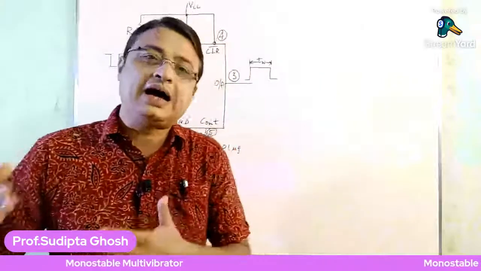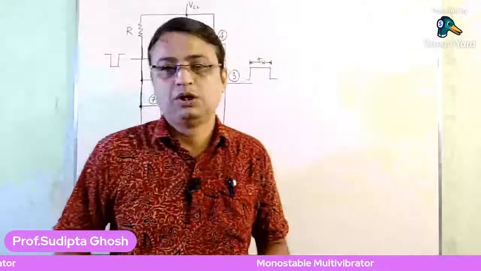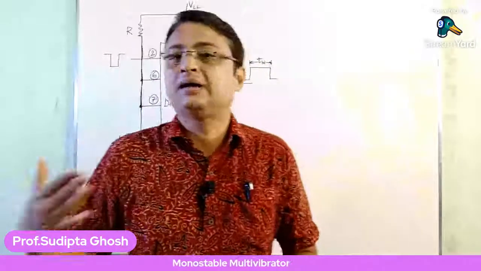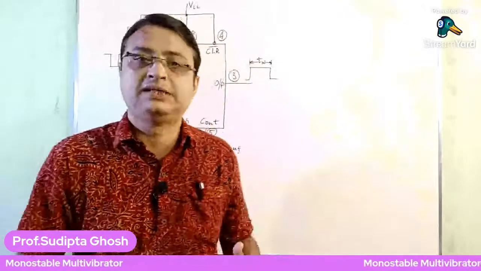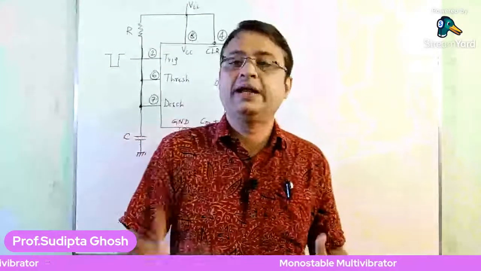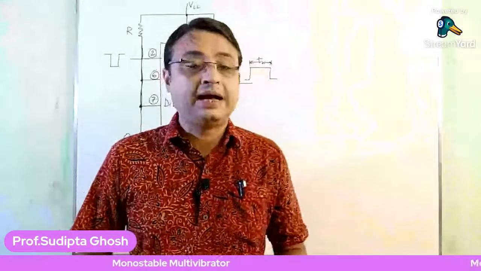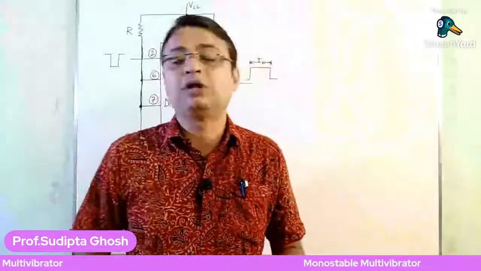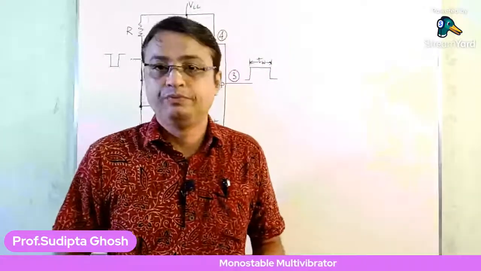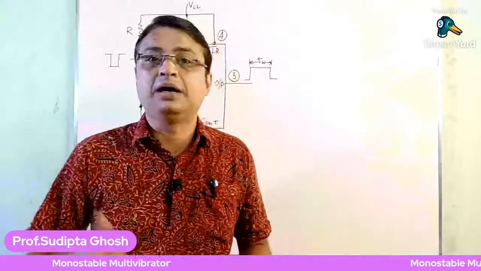To get a high at the 555 timer output, we have to apply a voltage at the trigger input so that the trigger comparator goes below the 1/3 VCC value.